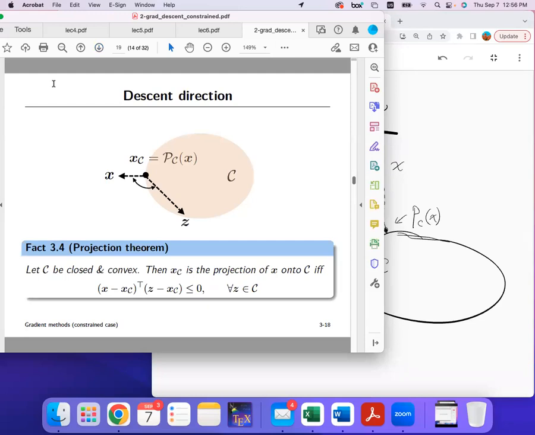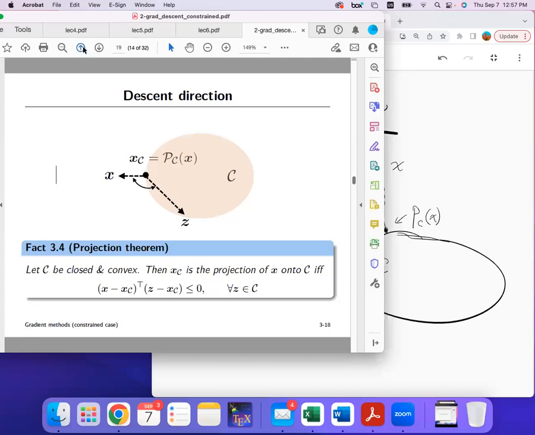Yeah, and this is an illustration of the projection operator. You have a constraint set C that is convex, and let's say you want to project x onto this set. By definition, this is a point that is closest to your reference point x, right? And we call this the projection of x onto C. And there's another equivalent definition of this projection.